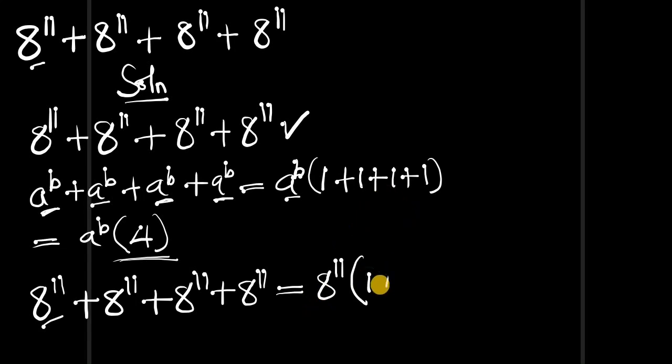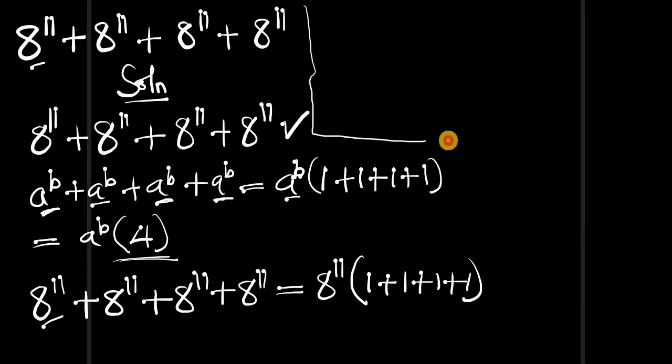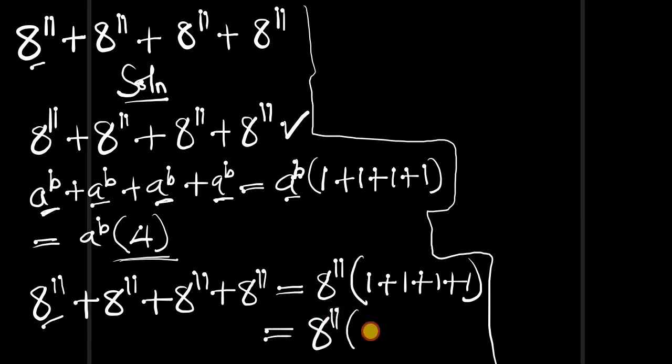We're going to have 1 plus 1 plus 1 and plus 1. So this will give us 8 to the power of 11 into 1 plus 1 plus 1 plus 1, which is simply 4. So we have 8 to the power of 11 times 4. What can we do at this point?